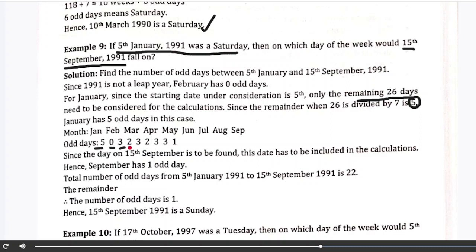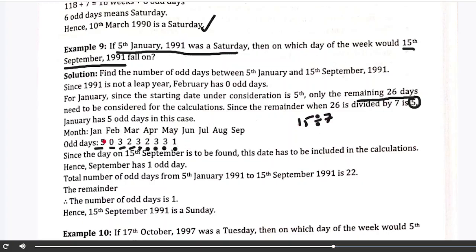March 31 days 3, April 30 days 2, May 31 days 3 extra, June 30 days 2 days extra, July 31 days 3 extra, August 31 days 3 extra. Now September I have to go till 15 September. 15 divided by 7, remainder is 1.